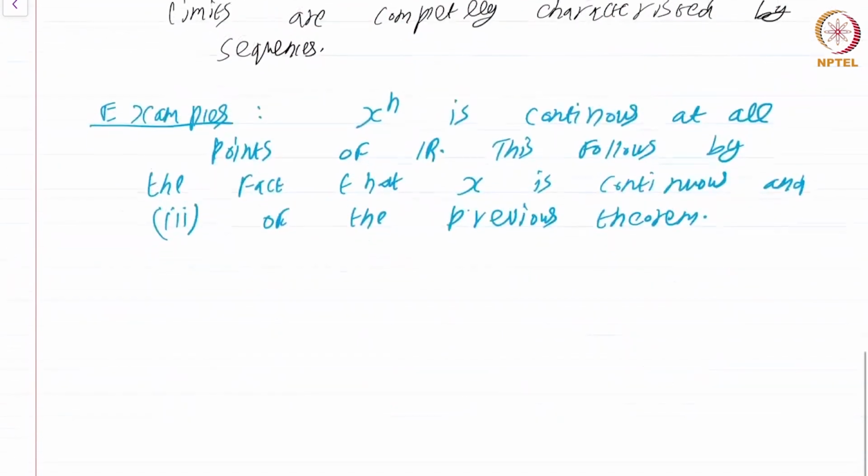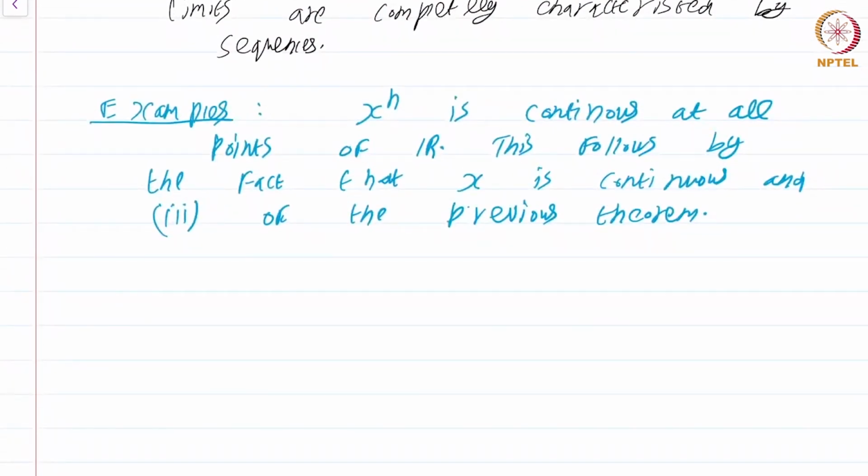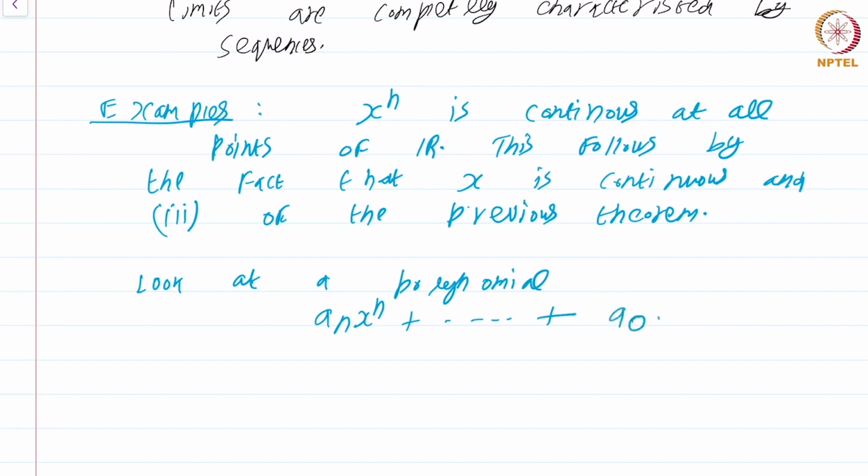Excellent. Yet another thing, look at a polynomial, which is an expression that looks like this: a_n x^n plus up to a_0. Okay.